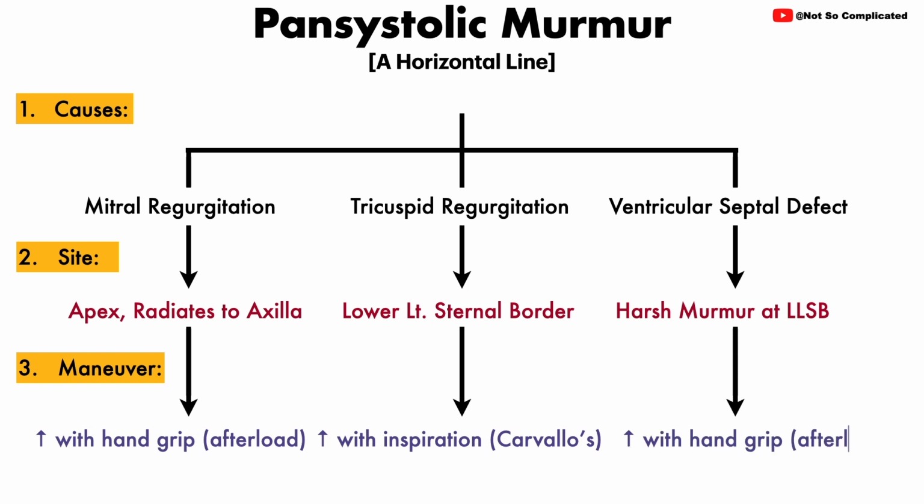The maneuver is to increase the hand grip, which increases the afterload, increasing the sound of the murmur. The murmur is a uniform blowing, high pitch pattern, like you have heard already.